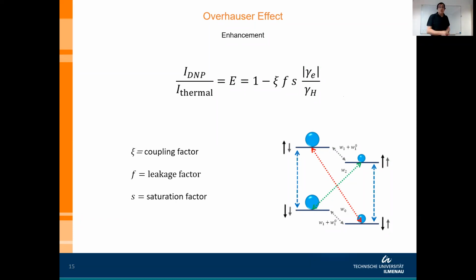And then you have the 3 factors: the coupling factor, leakage factor, and saturation factor, multiplied by the ratio of the gamma. This is basically the key factor. If all the factors are 1, then you have a theoretical enhancement proportional to the ratio of the gyromagnetic ratio of the electron to that of the respective nuclei.